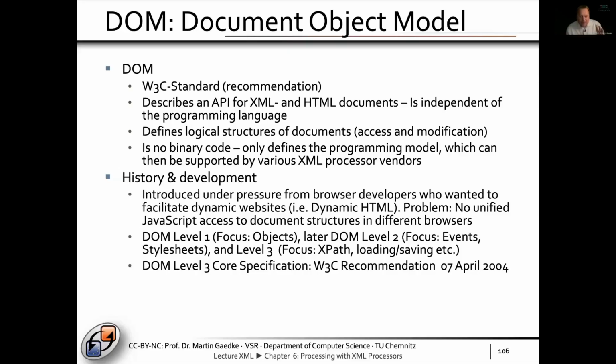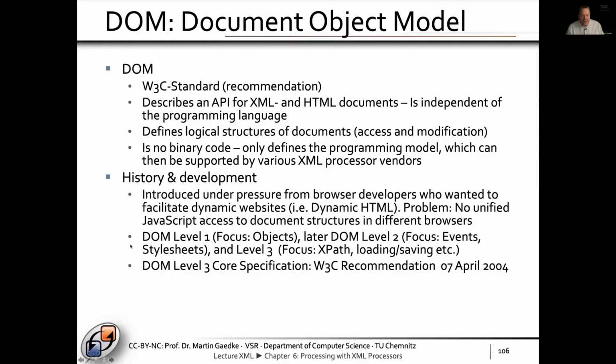So if you read the specification and you know the terms, the data structures, method names, and everything, and you know how to develop in Java or in JavaScript or in C# or whatever kind of programming language you know of or which will be developed in the future, if these languages implement something in the context of XML documents, in the context of the document object model, then you already know how these functions and method names are called and how it works.